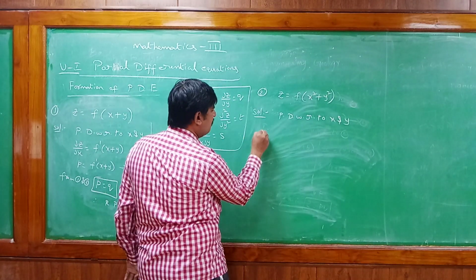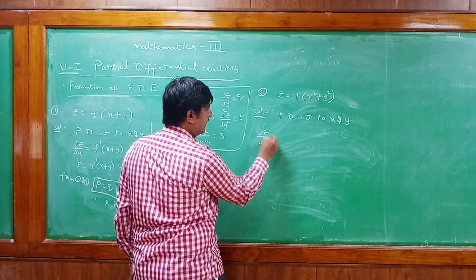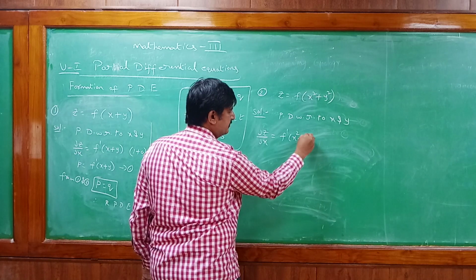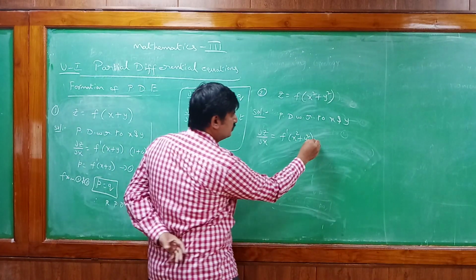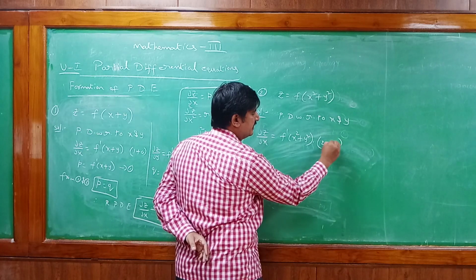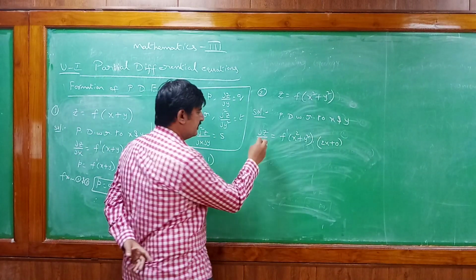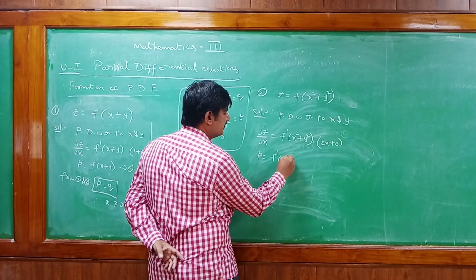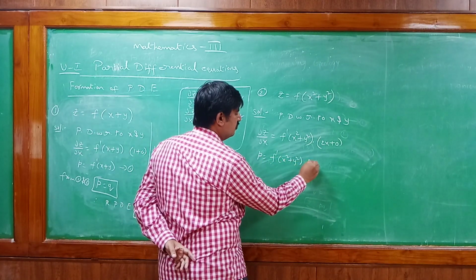So dou z by dou x is the total function differentiation, f dash of x square plus y square, into, by the chain rule, the differentiation of x square plus y square: x square becomes 2x, y square becomes 0. So dou z by dou x, which is p, is equal to f dash of x square plus y square into 2x.